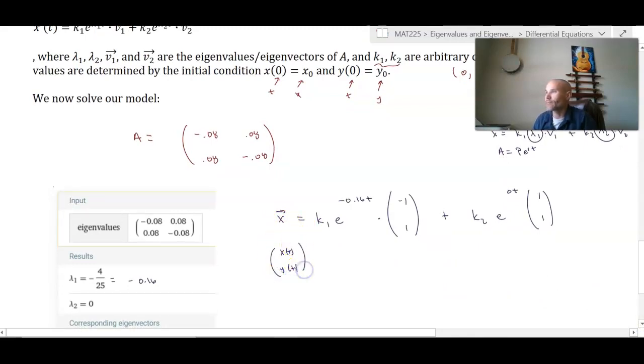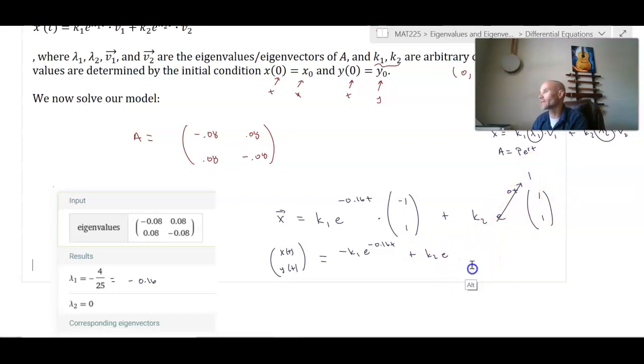Okay, without further ado, so what we have here is x of t, y of t inside of that vector, our amount of salt in drum 1 or salt in drum 2, equals, well, this will be negative 1 times k1, e to the negative 0.16 t, plus 1 k2, e to the 0t. Well, e to the 0t, by the way, is just 1.